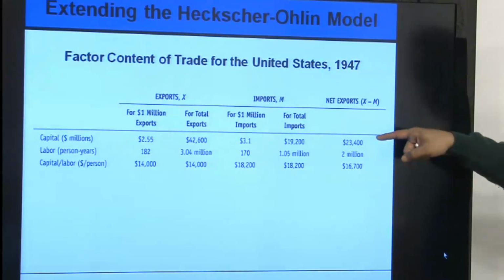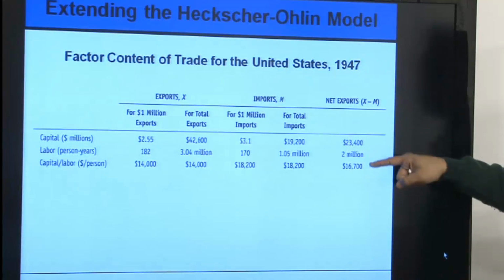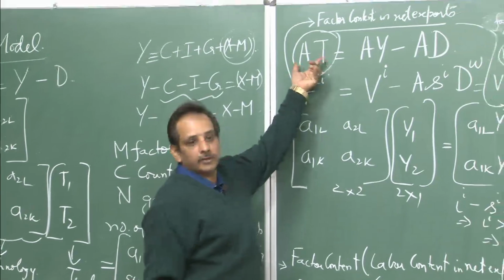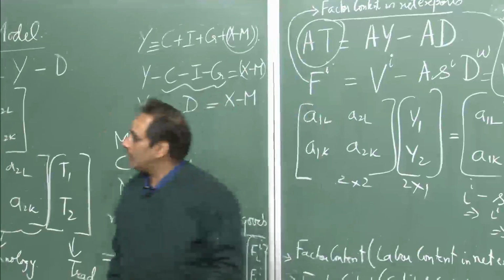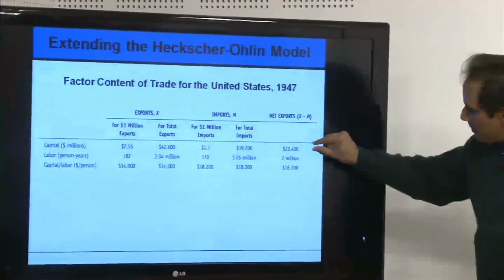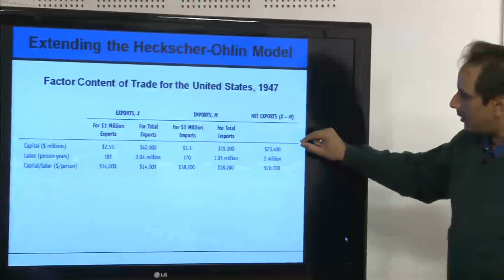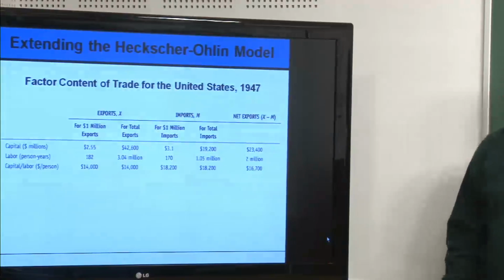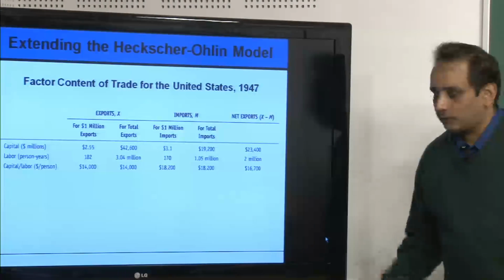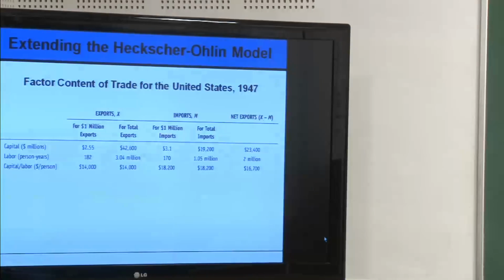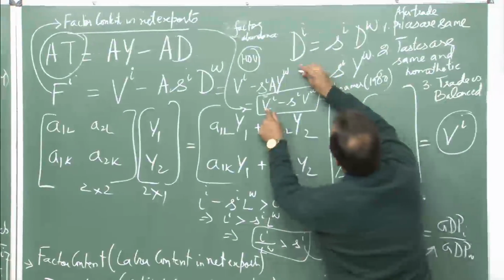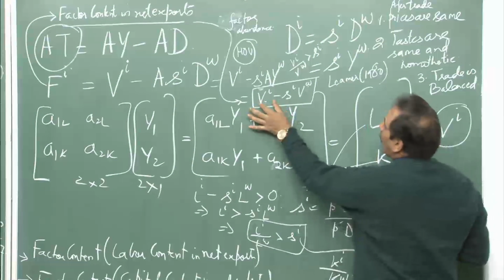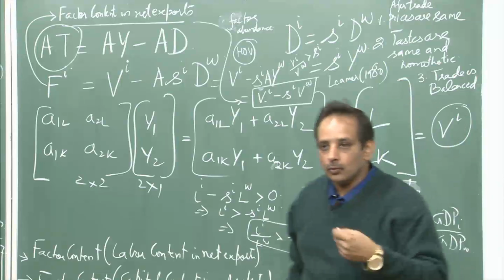What is to be seen is that this factor content is a positive figure. Now, this has to be matched by the abundance of capital and labor in the US. So, you can use this HOV formula, where you find out Vi by Vw and compare it with Si, or you do what Trefler did.